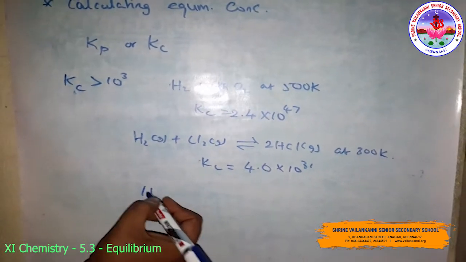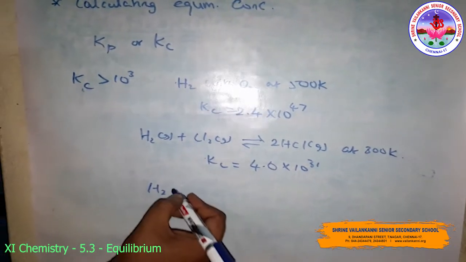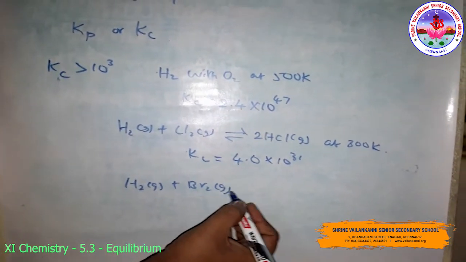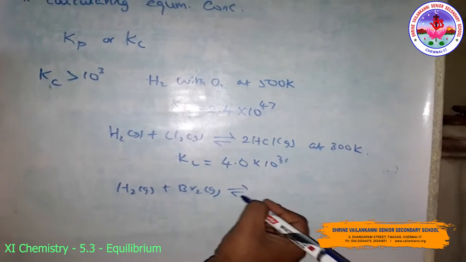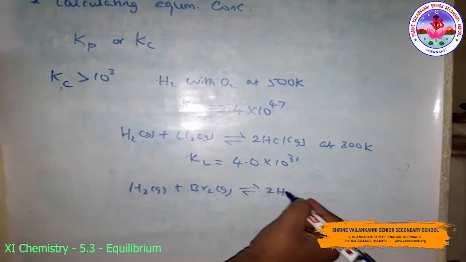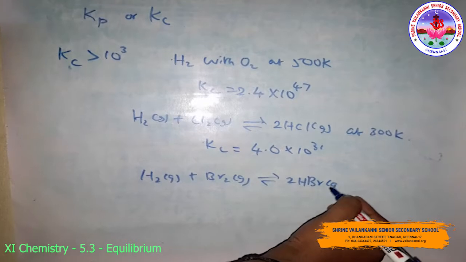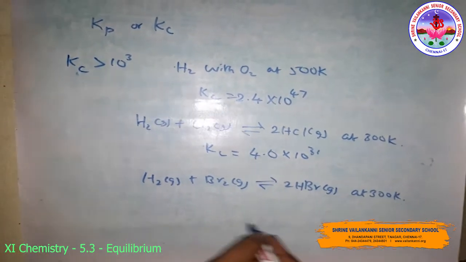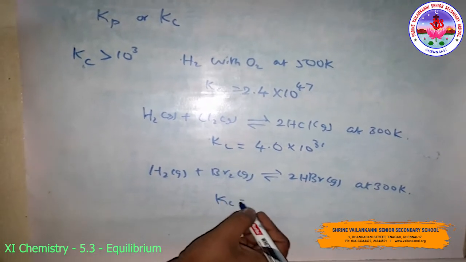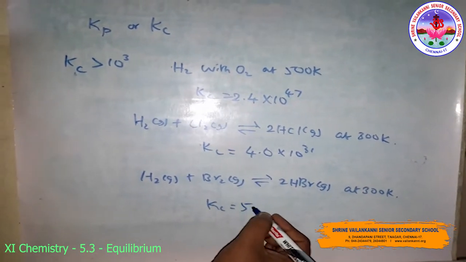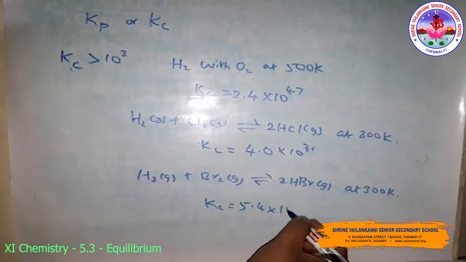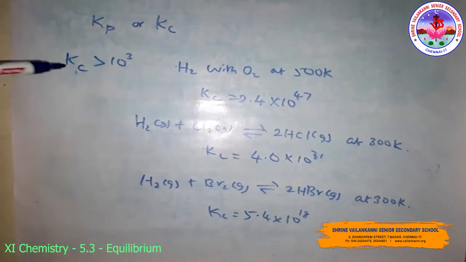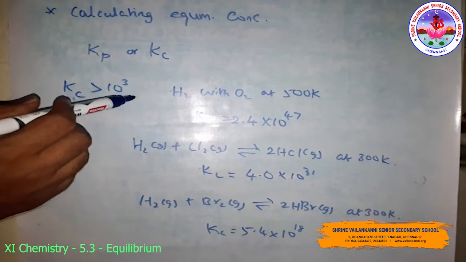Similarly, hydrogen bromide formation: hydrogen gas reacts with bromine gas to form hydrogen bromide gas at 300 Kelvin. Here the Kc value is 5.4 × 10^18. So this is for Kc greater than 10^3.